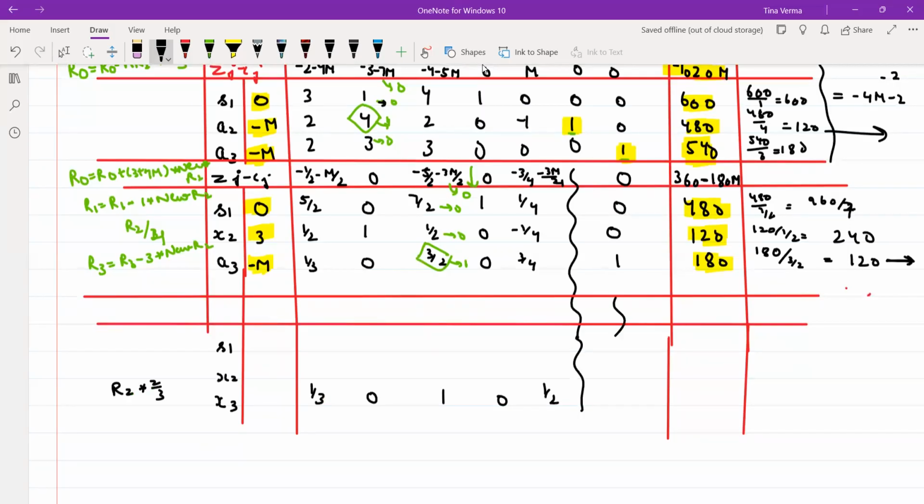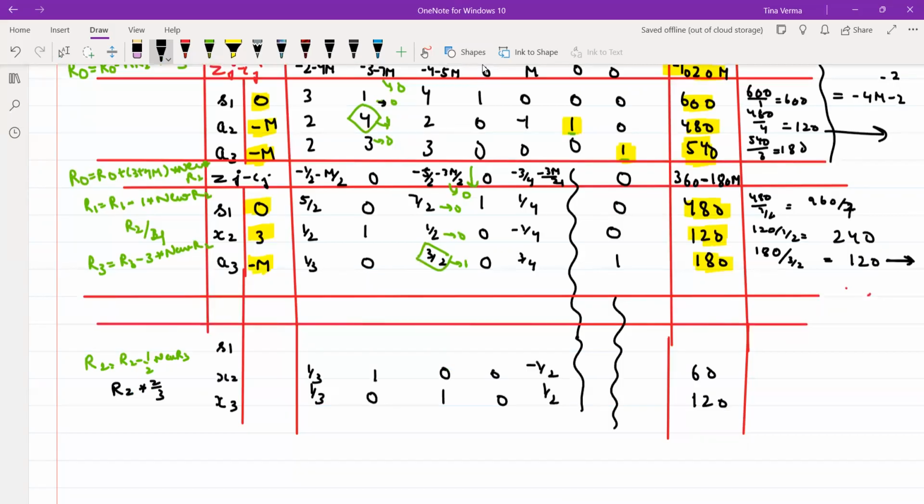This you can leave now. This you can leave. And this entry is becoming 120. I have to make this element as 0. So I can apply operation on R2: R2 minus half times my new R3. So that operation will become, this is your 1 by 3, 1, 0, 0, minus half.